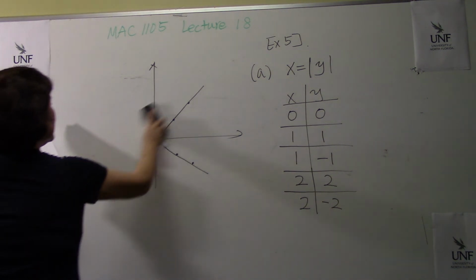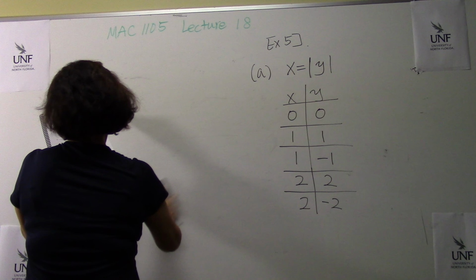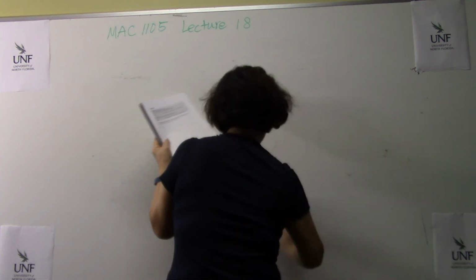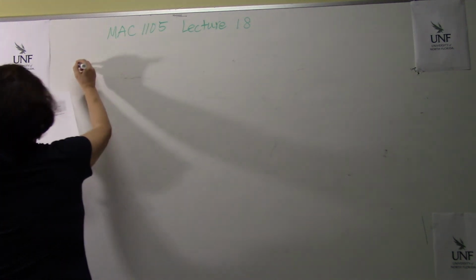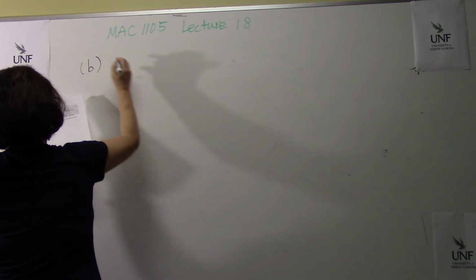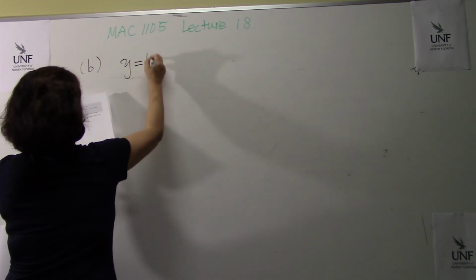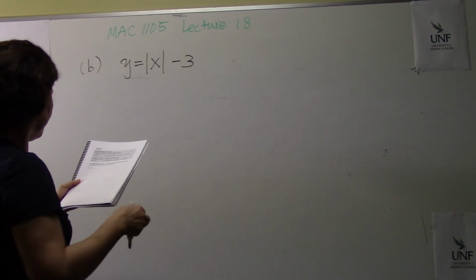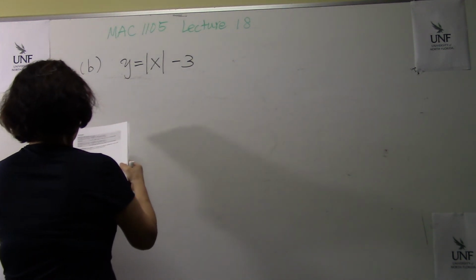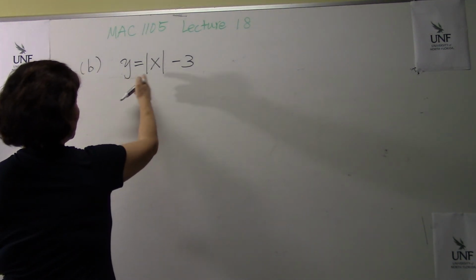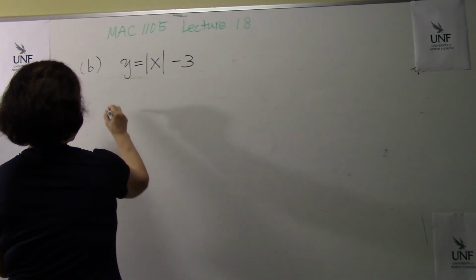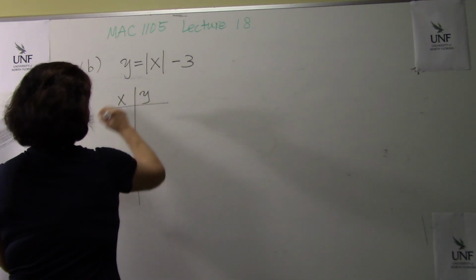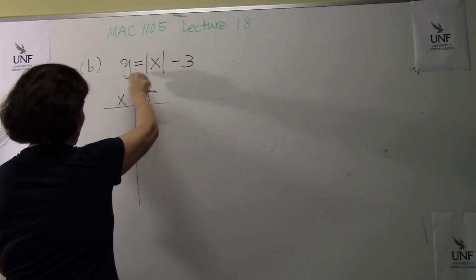And the next one, part B: y equals the absolute value of x minus 3. So let's make a chart again, x and y. This time you can choose from x.